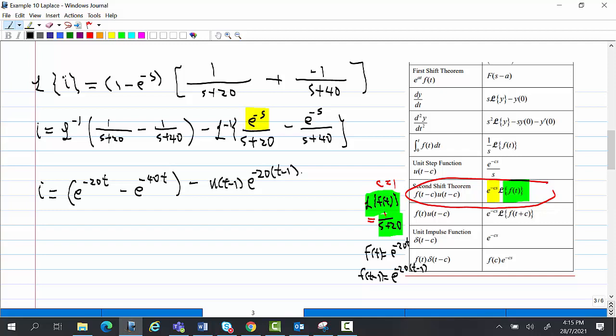The second term, similarly, you have u(t minus 1) times e power minus 40(t minus 1).